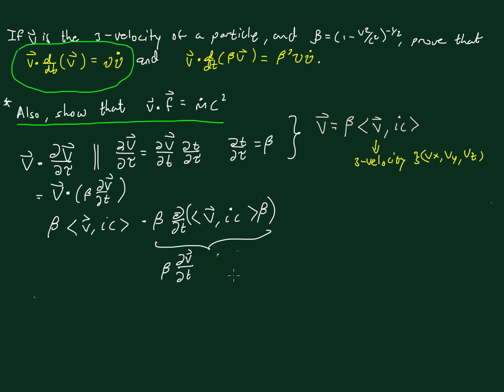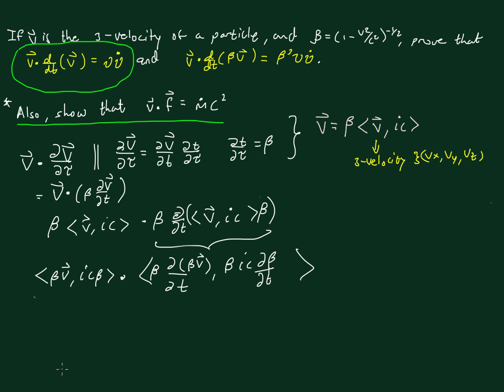Let me go back. So what we'll have is beta times d(beta v)/dt, comma, beta times ic d(beta)/dt. All of this is being dotted with beta v comma ic beta.